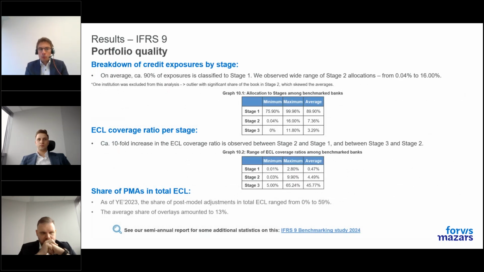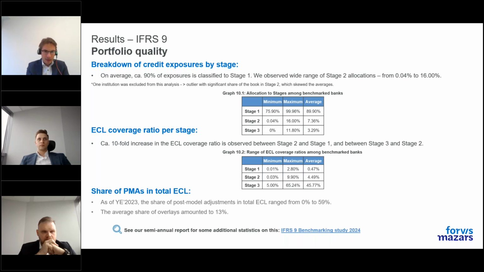Moving on to portfolio quality analysis. We analyzed the distribution of exposures to stages across all banks in the study.